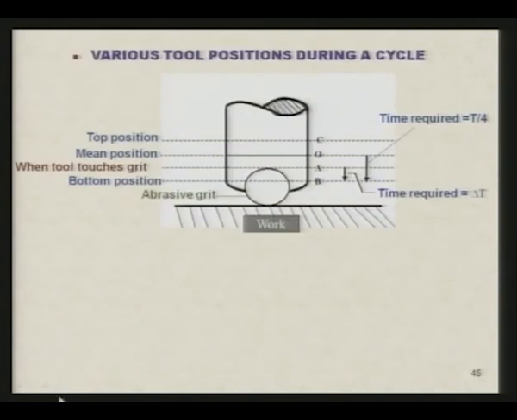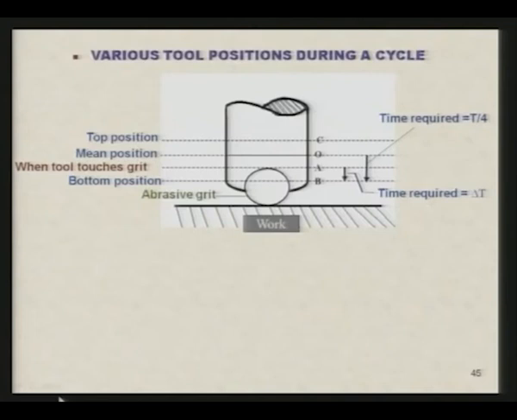Now, there are various positions of the tool during a cycle. You can see here the top position of the tool, which is indicated by C, the mean position of the tool is indicated by O, when the tool touches the grit is indicated by A, and the bottom position of the tool is indicated by B, and the workpiece and tool are separately shown there.